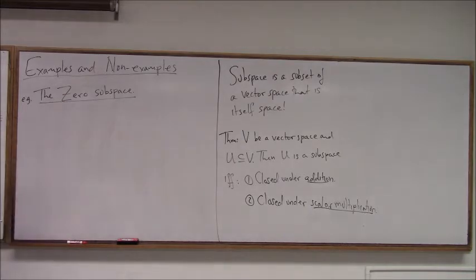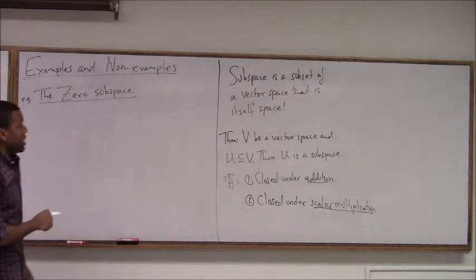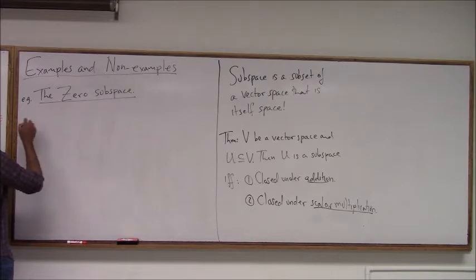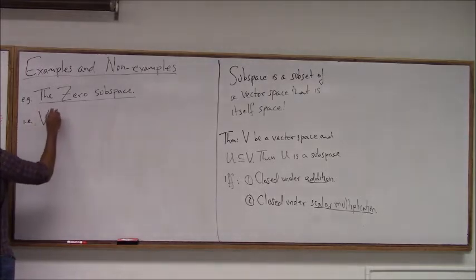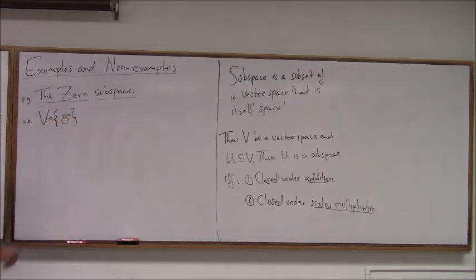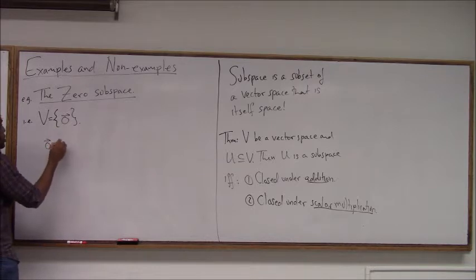So this is a very trivial subspace. It's literally a set that only contains one element, that element being the zero vector. So it's called the zero subspace. So that is, i.e., V is the set that only contains the zero vector, where of course 0 plus 0 equals 0.